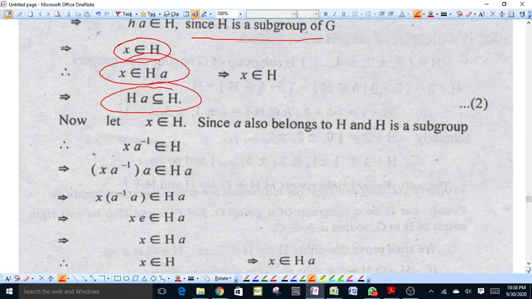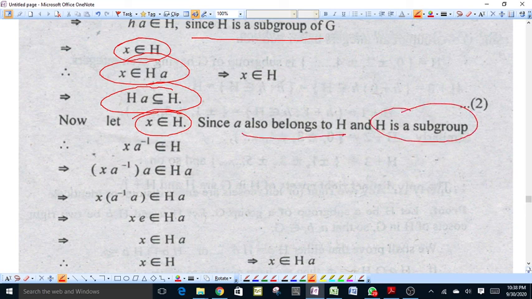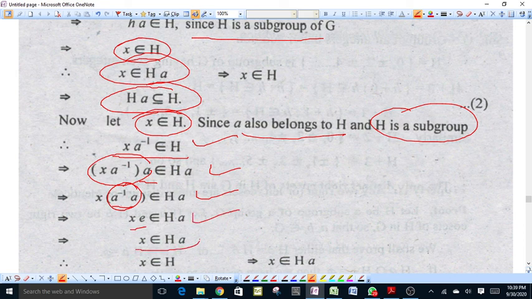Now let x be an element of capital H. Also a belongs to H and H is a subgroup, so due to the property of subgroup, x a inverse also belongs to H. That is, (x a inverse) a belongs to Ha. By using the associative law, x(a inverse a) belongs to Ha, and a inverse a will be equal to e. So x belongs to Ha.